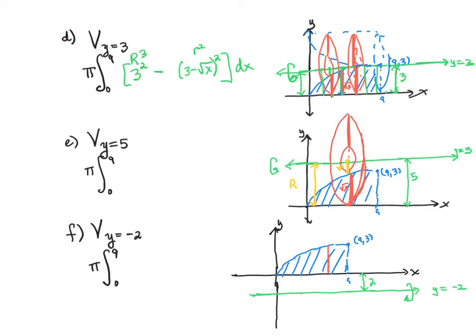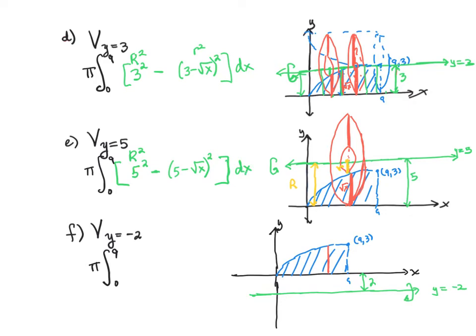I mean, if you compare the yellow segment to the green segment, that is always 5. So this would be 5 squared. I'll put it in green. That's the outer radius squared. Okay, this should be a square. I don't know why I put a cube. Minus, now the inner radius will vary depending on where the washer is. And that is (5 minus root x) squared. And we put brackets around that, dx.